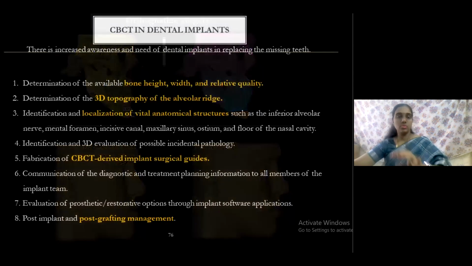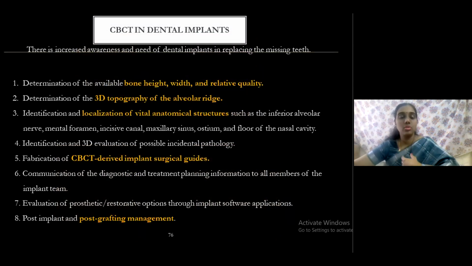Now coming to dental implants. Yes, of course, this is the major field where CBCT is thriving really very well. In case of dental implants, it is helpful in knowing the bone height, width, and the quality of the bone. CBCT is nothing but a 3D topography of the alveolar ridge.